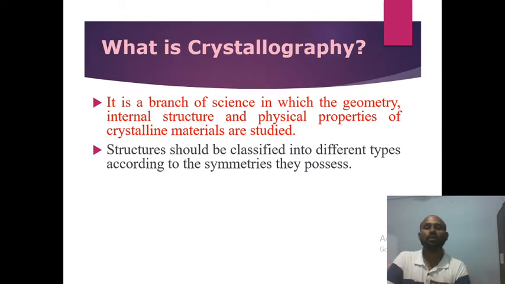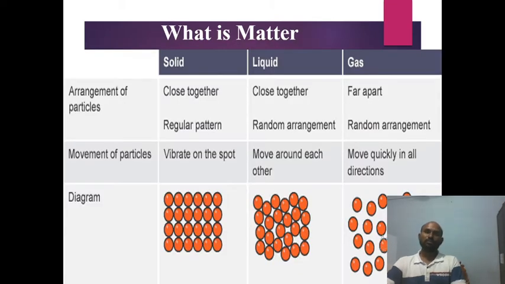Next we see the different physical properties, means temperature, pressure, volume, how that material will sustain, that we'll see in crystallography. Crystallography is mainly classified into two types. Firstly we see what is matter.